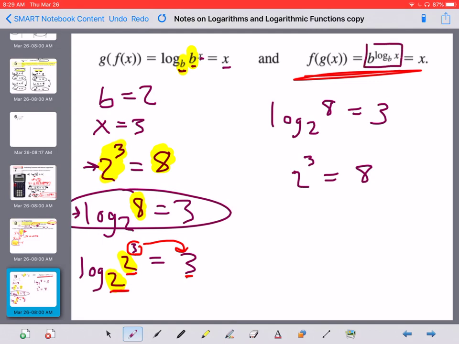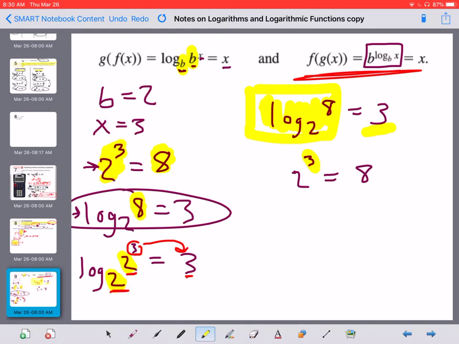I'm about to use substitution to make something like what's up there, okay? We know that log base 2 of 8 is 3, right? So that means that wherever there is a 3, I could substitute in this guy right here.